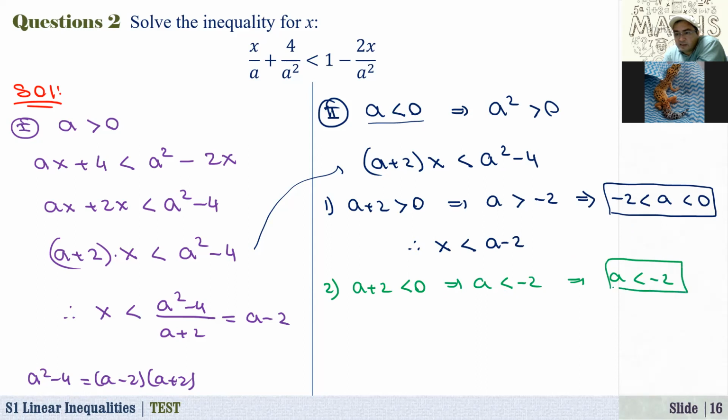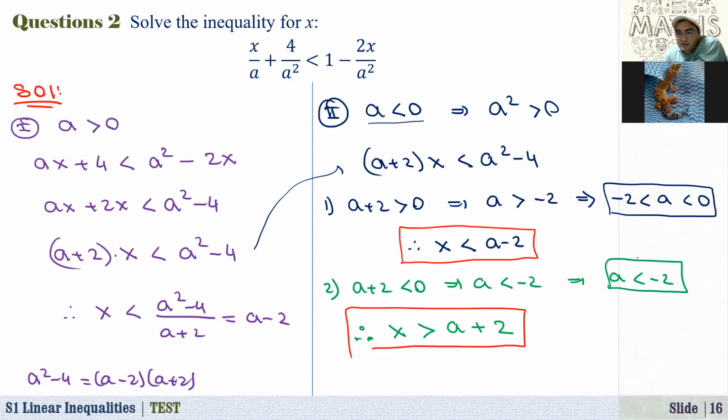Now considering this case, at the time here we have x will be greater than, because we are dividing both sides by a negative number, a squared minus 4 over a plus 2 on the right hand side again. This will be the solution of this inequality. So let me just put them in a box. Okay, these are the solutions under these conditions. Okay, these are the conditions.